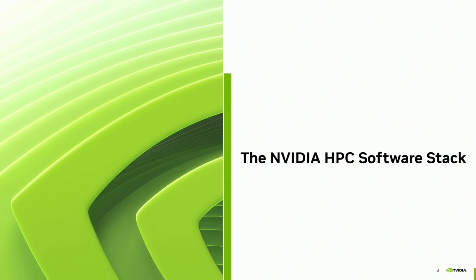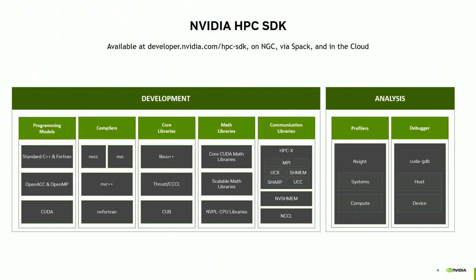So to start, let's talk about our NVIDIA HPC software stack, specifically our NVIDIA HPC SDK. Now, NVIDIA provides a software product to support our programming models strategy, which is the NVIDIA HPC SDK, which you can see here behind me. Our HPC SDK provides everything that you need to program from the CPU to the GPU, and it scales your applications to the full system that's available to you.